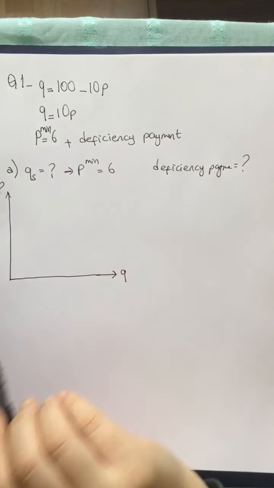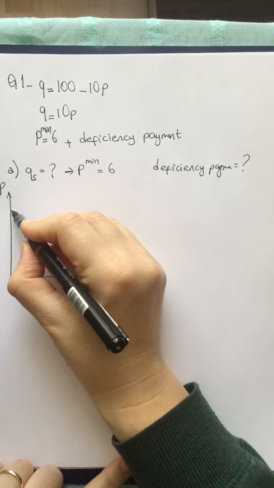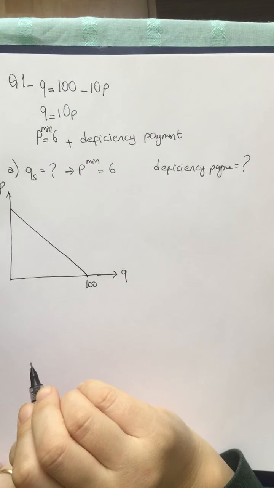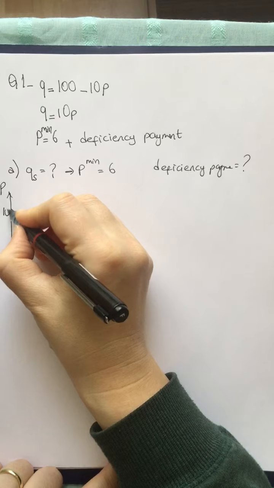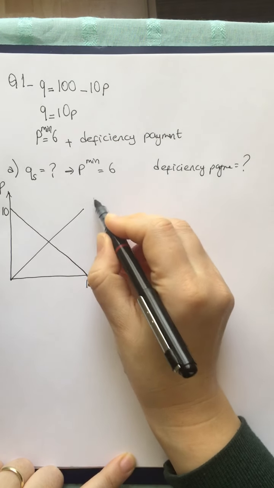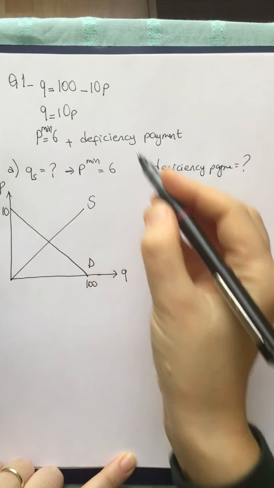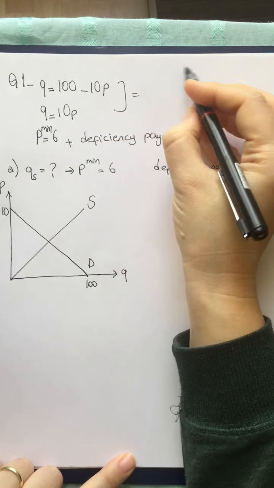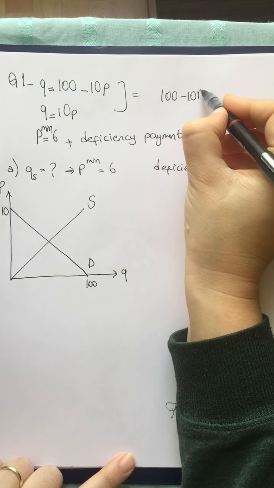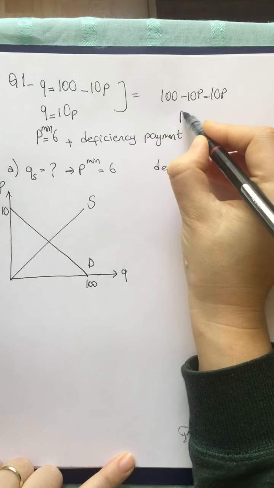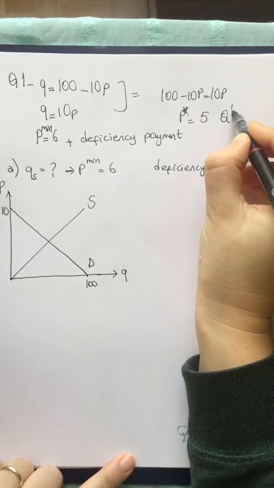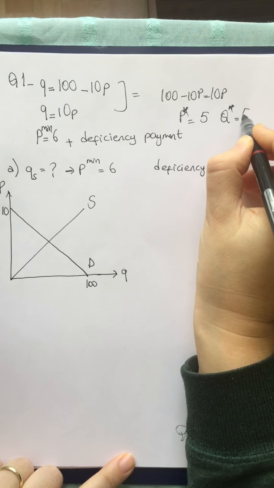Q and P, 100 minus 10p. If P is 0, then Q will be 100, and if Q is 0, P is 10. And Q equal to 10p is the supply function. By equalizing the demand and supply functions to each other you can find the initial market equilibrium before the policy: the equilibrium price was 5 and the equilibrium quantity was 50.